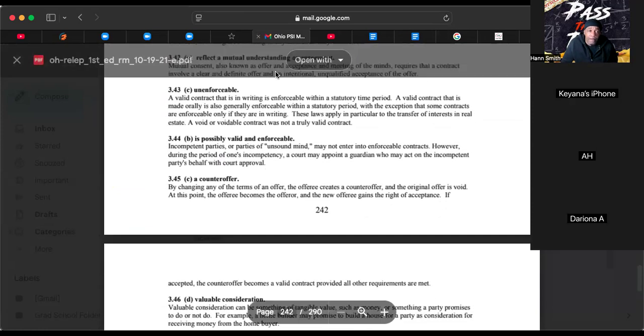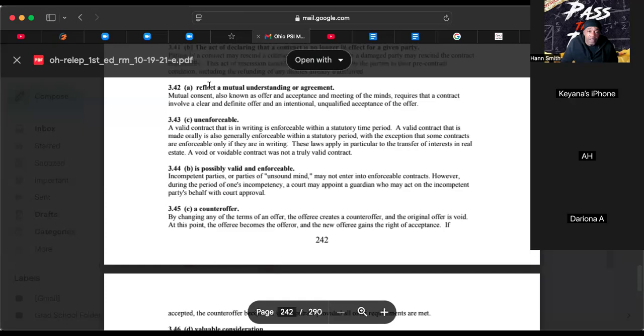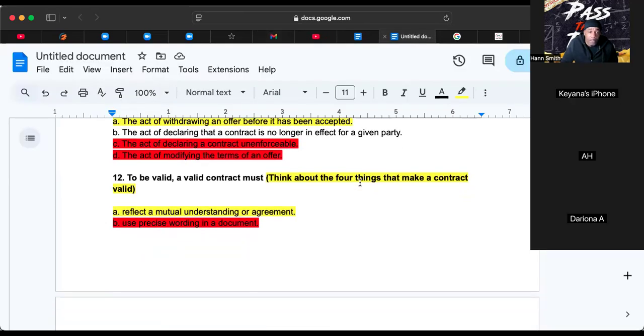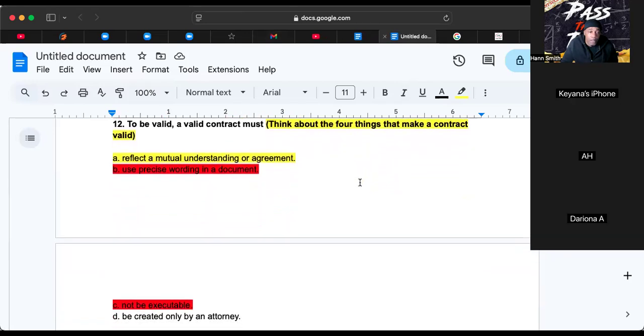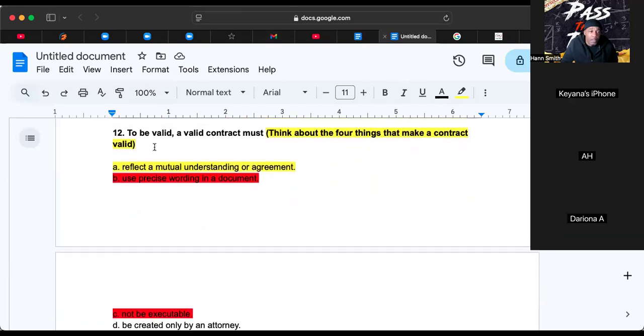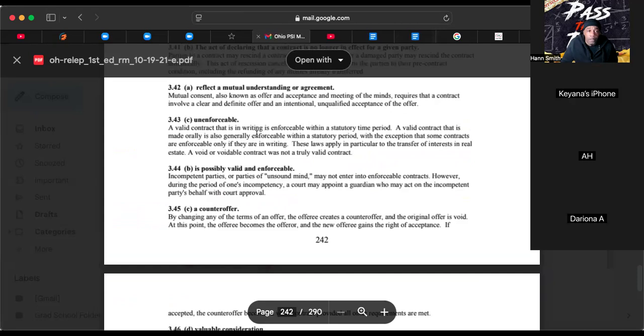But all right. So number 12, it says a mutual understanding or agreement. To be a valid contract, we put reflect a mutual understanding or agreement. And it says mutual consent, also known as offer and acceptance and meeting of the minds.